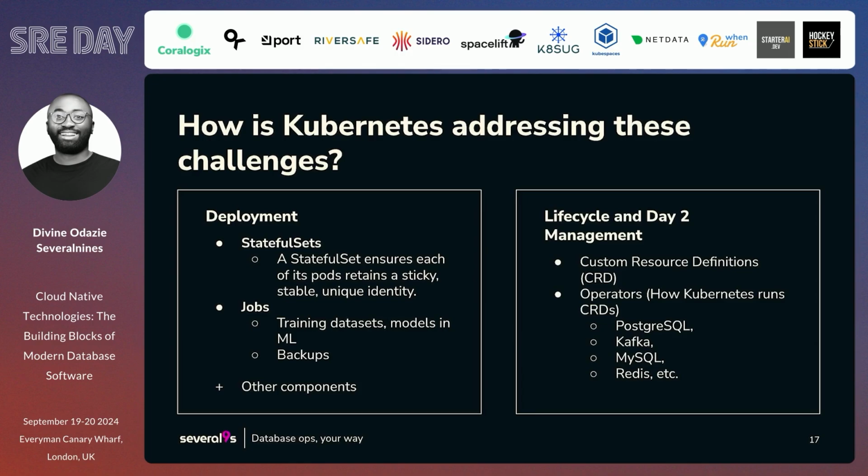So how do we solve those challenges in the Kubernetes environment, right? From the era of StatefulSets and several innovations in the Kubernetes space, operators became prevalent as a way to deploy databases on Kubernetes. I don't know if anyone here has used a database operator to deploy it? Yeah.